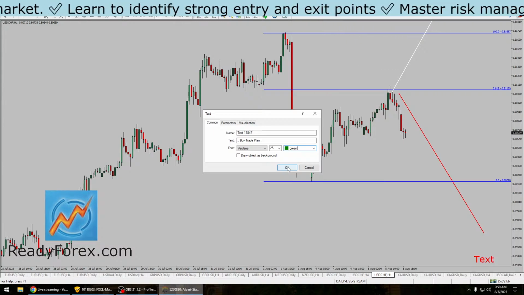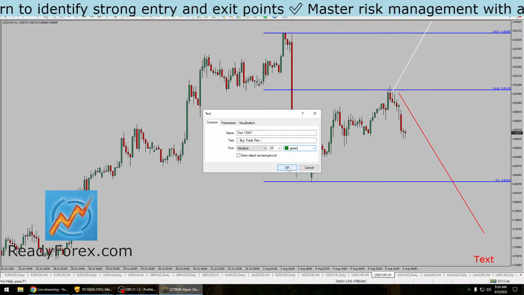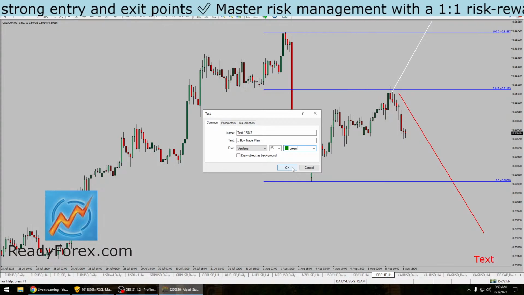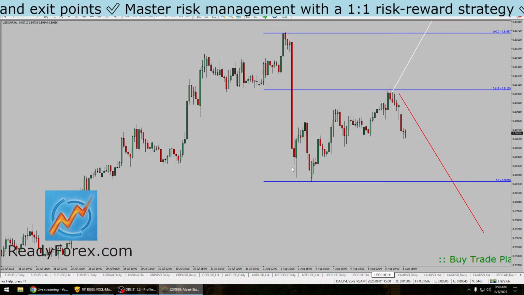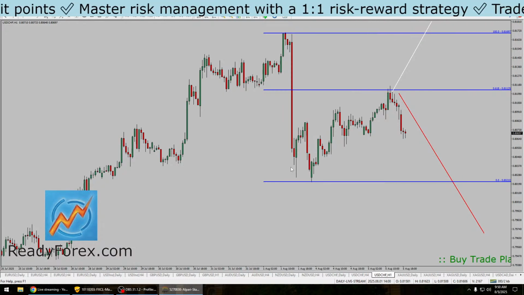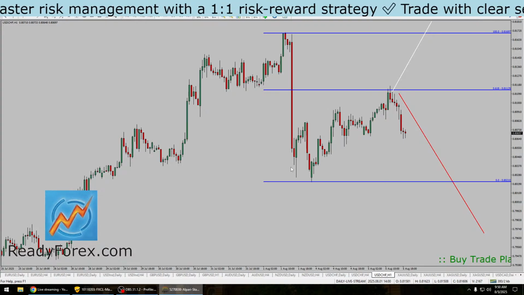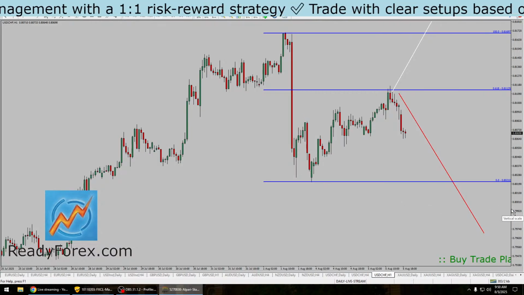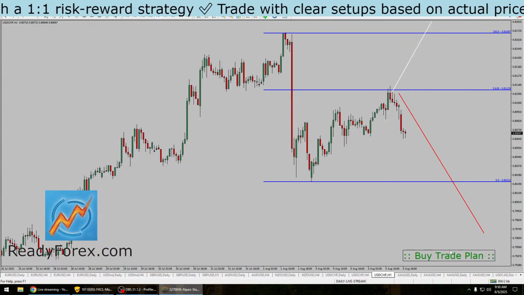Next, let us take a look at spot gold. Let me first adjust the level. So over here, we have this buy trade plan down over here.